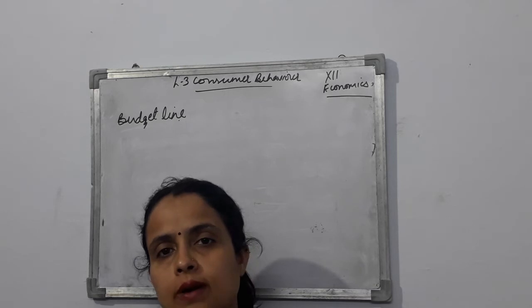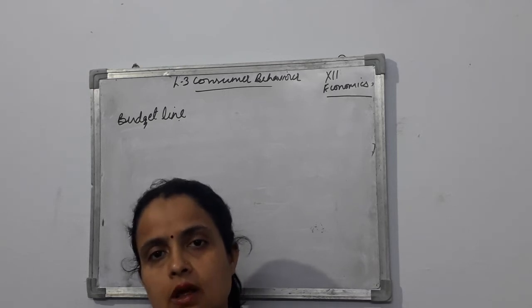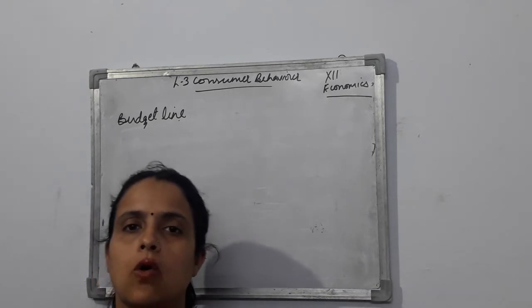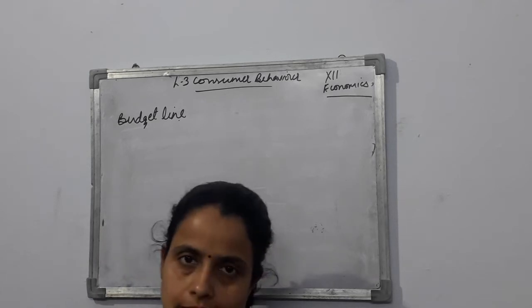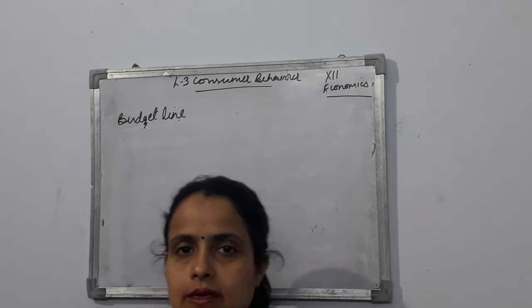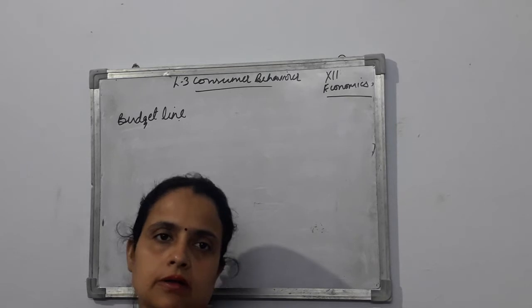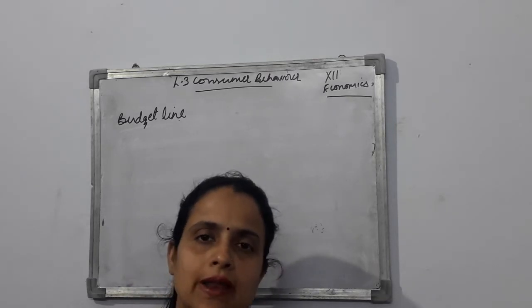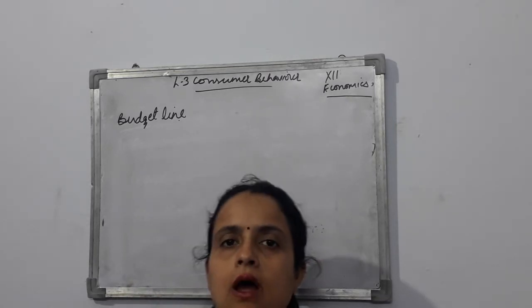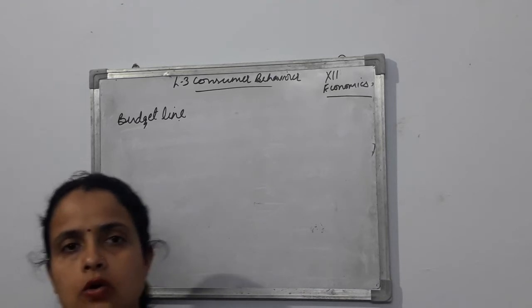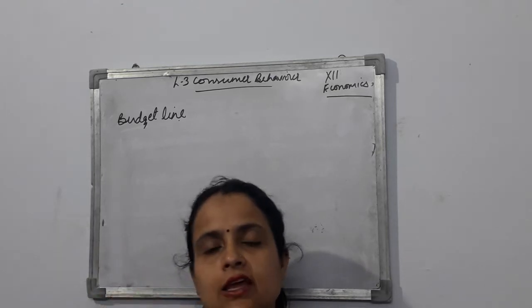This is known as your budget. So budget is your income and your expenditure, all the accounts of your income and expenditure. Every person, either a business tycoon or a poor man, everybody has a budget. People like to prepare a budget in order to allocate their resources.